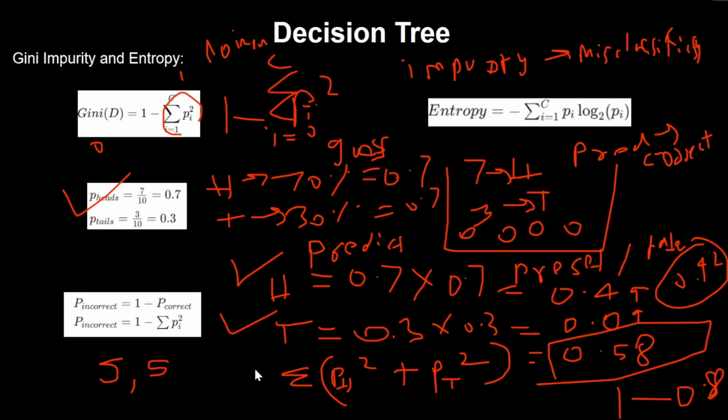Because we have an equal chance, the total would be 0.5. So this is the probability of guessing it correctly or predicting it correctly. So the Gini would be 1 minus 0.5, which is 0.5 itself. This is the highest possible value for a binary classification.